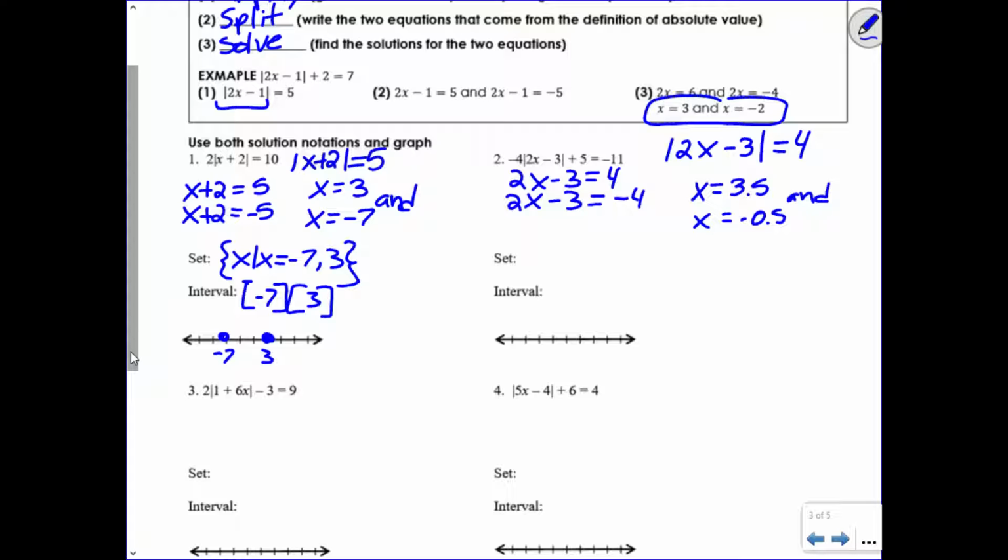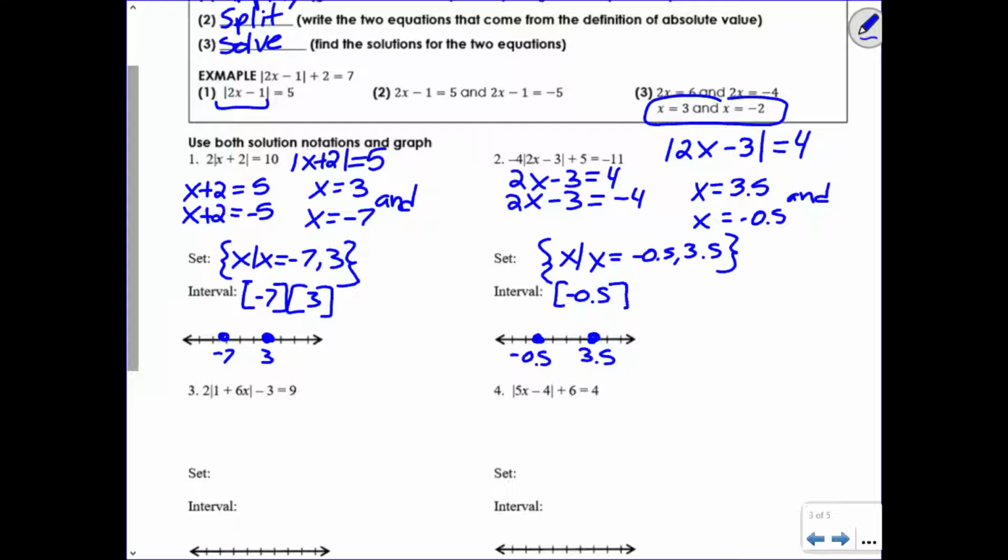Alright. Set builder notation, really simple. Oh, sorry, graph first. Pick your favorite points. I don't really care where, as long as they're in order. Oftentimes I'll give you just a plain line without any hash marks. You just draw 2 hash marks, name them with the 2 numbers that you have, and then draw. I'm not too picky about drawing all those hashes. And oops, that's negative. Write out your set builder.